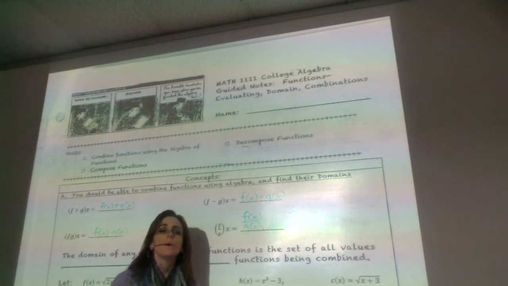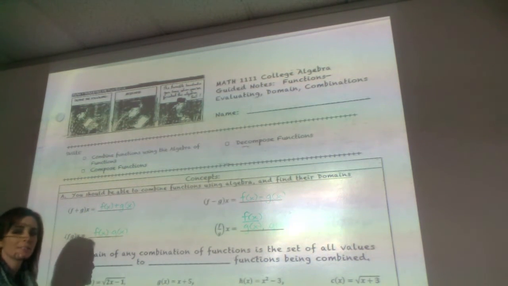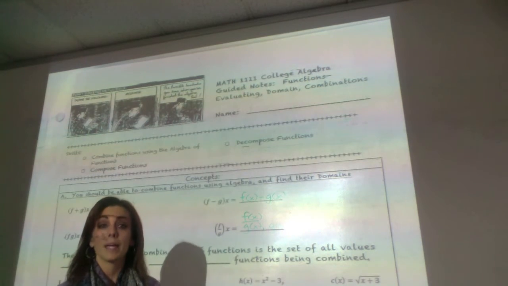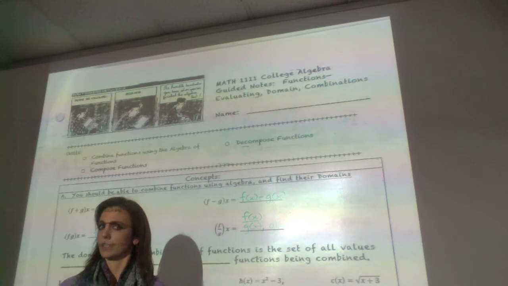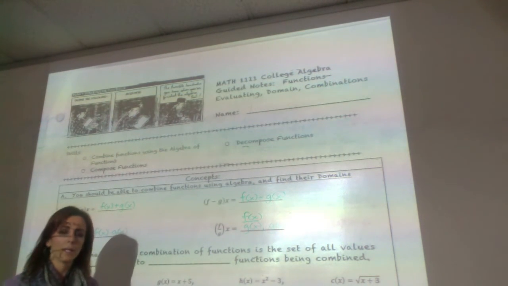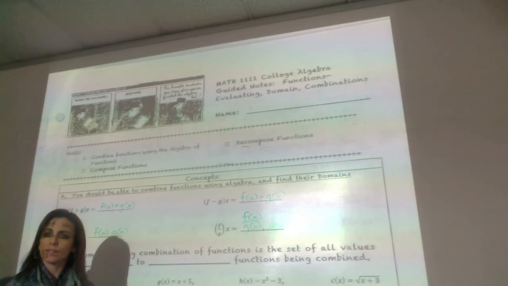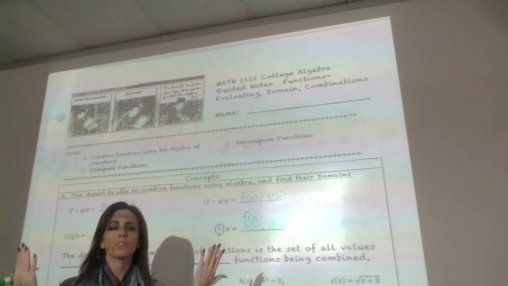One of the things that you'll need to be able to do is take these functions and combine them and then be able to tell what the domain of the new combined function is. That's not very difficult if you think about it. You're taking this function with one domain and this function that may have a different domain.